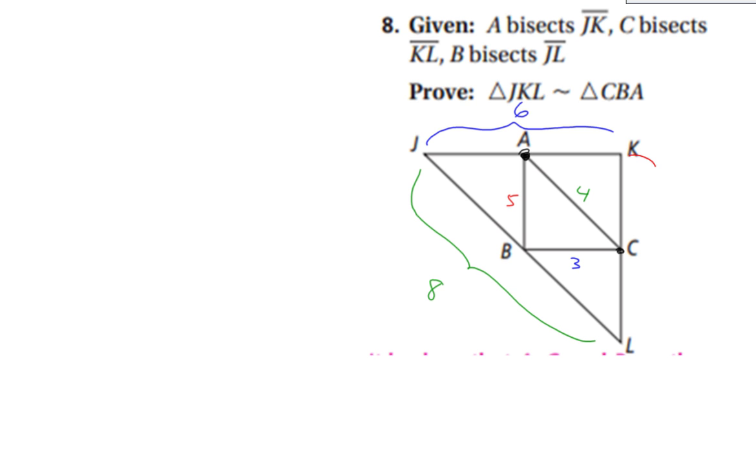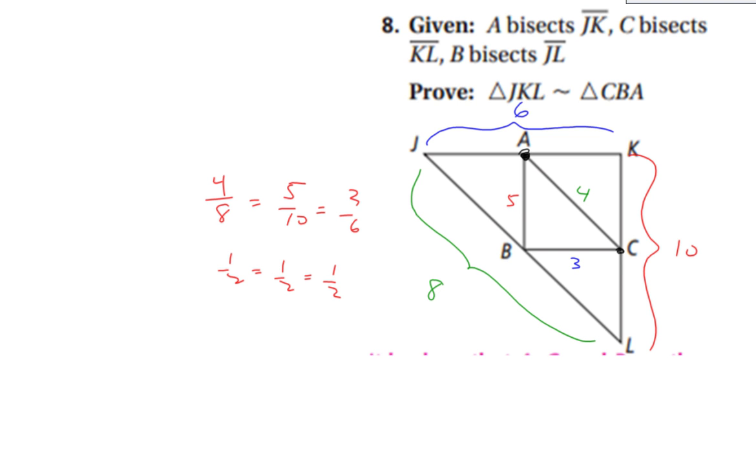Well, that would mean that KL must be 10. And I know that 4 is to 8 as 5 is to 10 as 3 is to 6. In other words, the ratio of the small triangle to the large triangle is 1/2 in each case, which means that all the sides are proportional to the 3 corresponding sides of the other triangle.